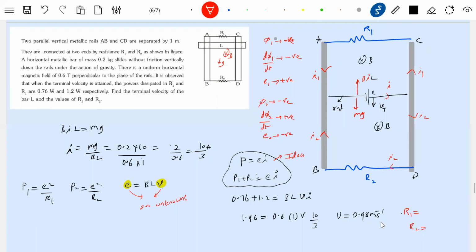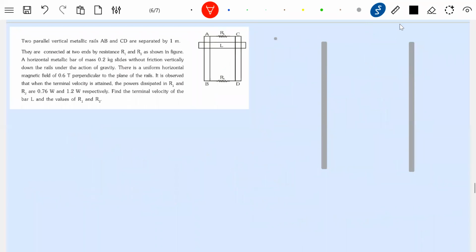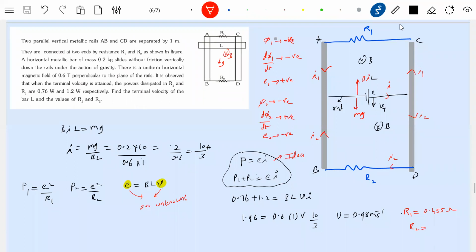If you can tell, we'll end the class. Sir, R1 is 0.455. R2 is 0.288, sir.